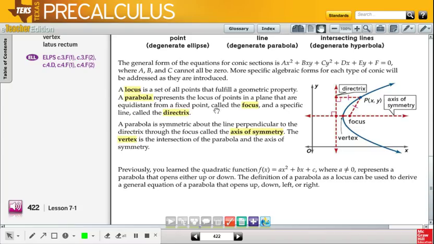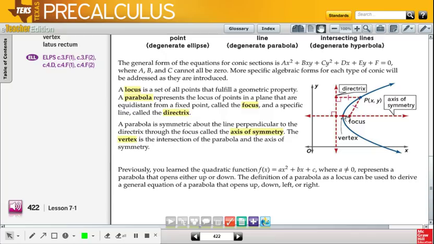Now, the parabola is the blue line right here. Now the focus is right here. Now to determine the focus, it's always aligned with the vertex. You see here, this is the vertex right there.